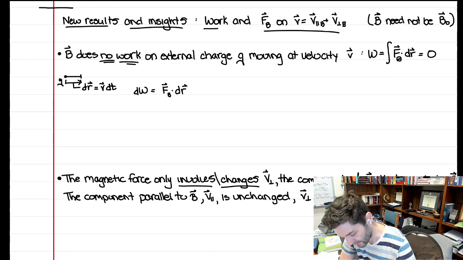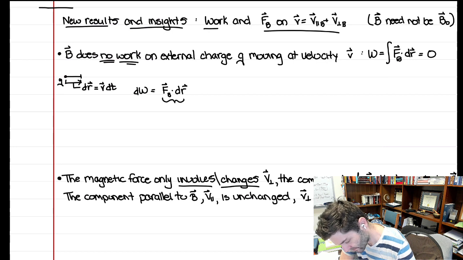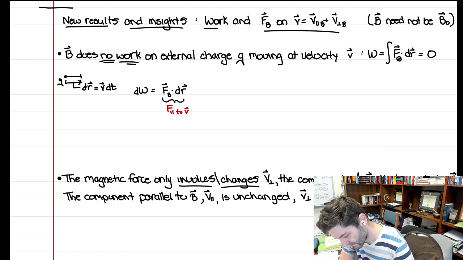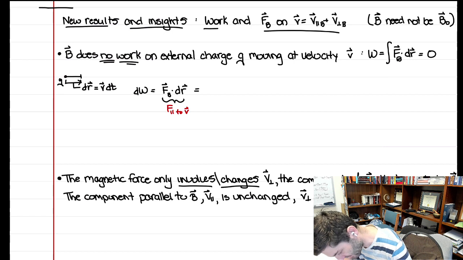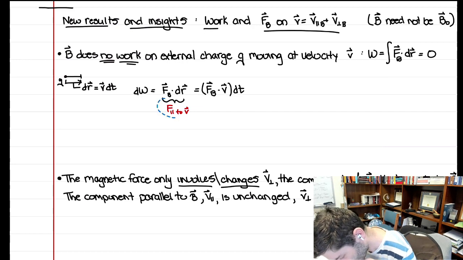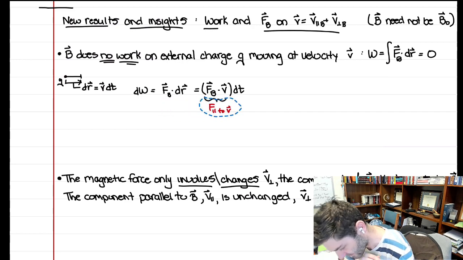So, again, remember this is pulling out the part that is parallel to v, in a sense, because it's pulling out the component that's parallel to the direction you're moving. We can even make that more explicit here, where if I write F sub B dotted with v, and then this entire thing is multiplied by dt. Let me move that over here, I think it's more clear.